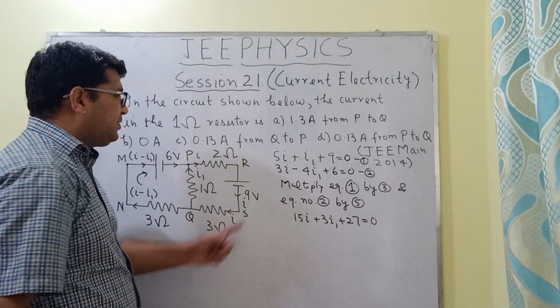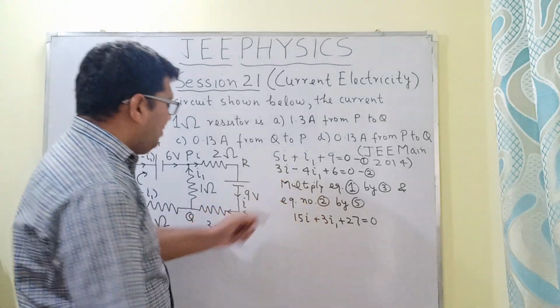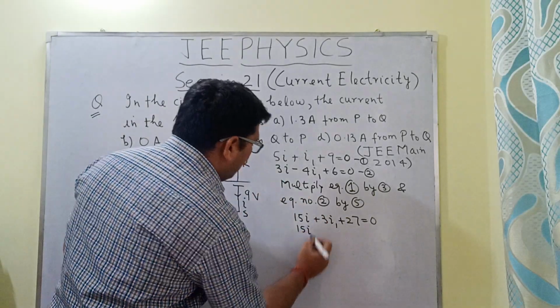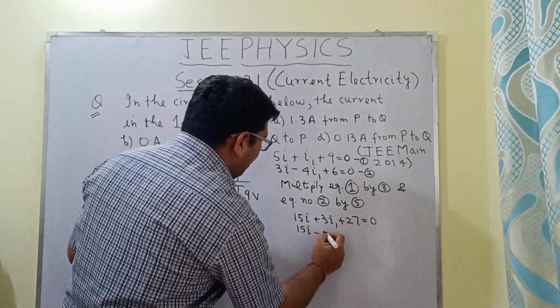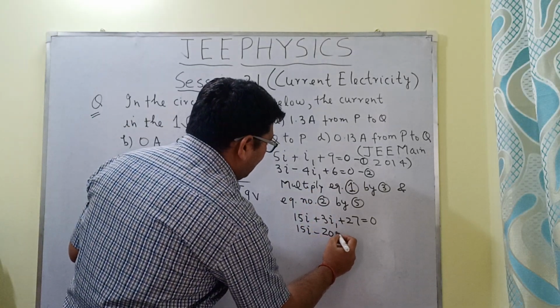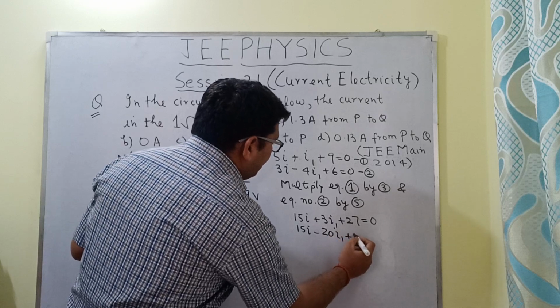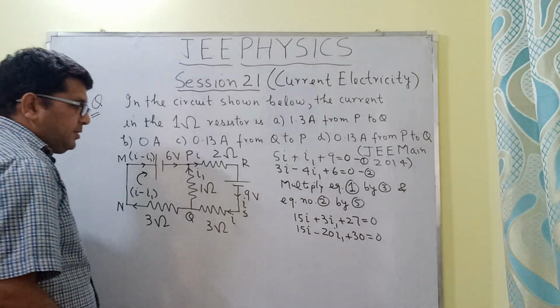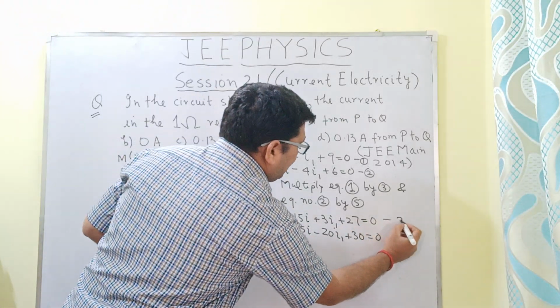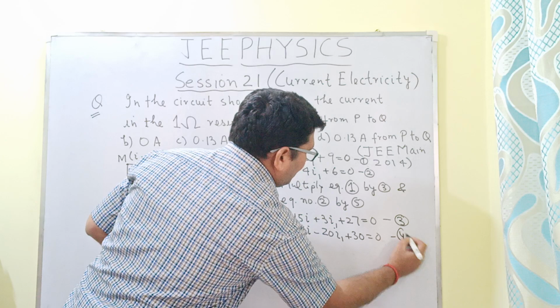And if I multiply the second equation by 5, I will be getting 15i minus 20 I1 plus 30 is equal to 0. Okay, so now let us say this is the equation number 3 and this is the equation number 4.